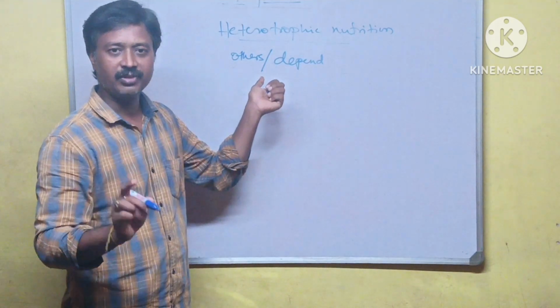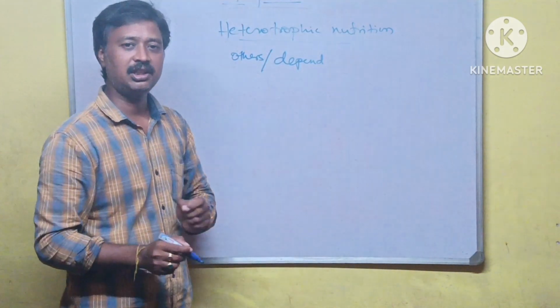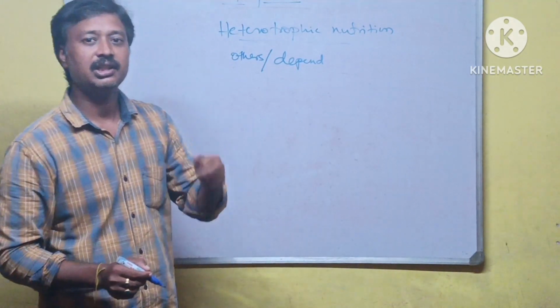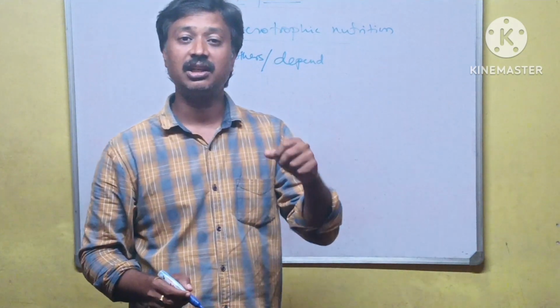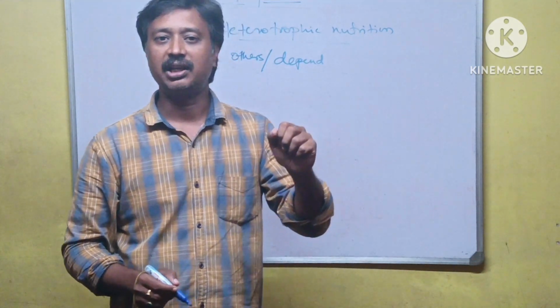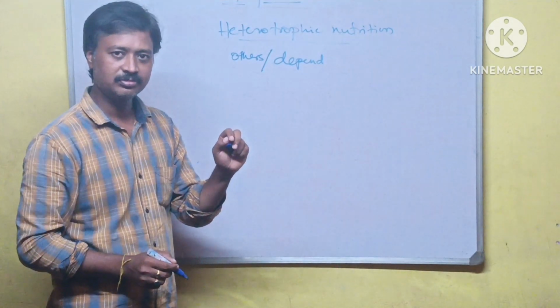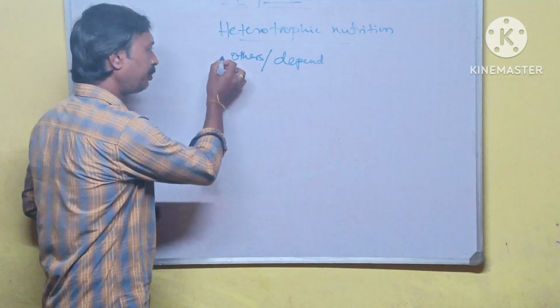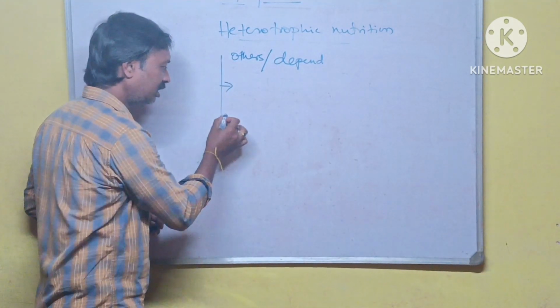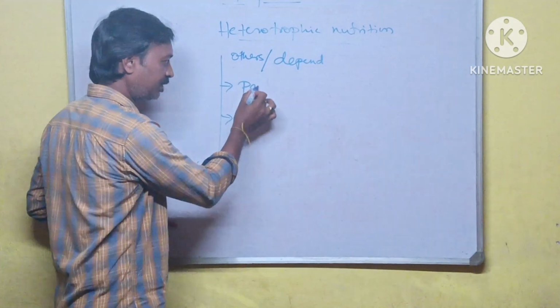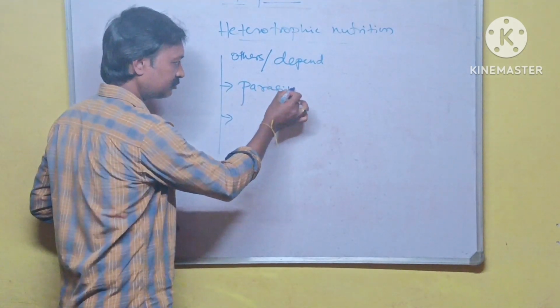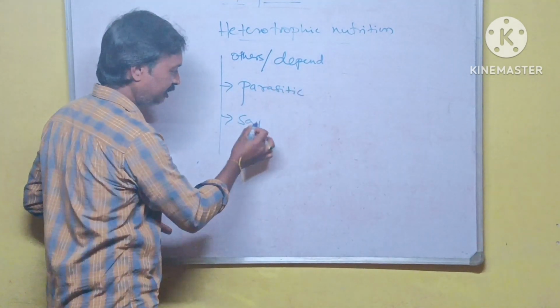Is it clear? What is heterotrophic nutrition? The mode of nutrition in which organisms depend on other organisms for their food. Is it clear? In heterotrophic nutrition, we can see parasitic nutrition and saprophytic nutrition.